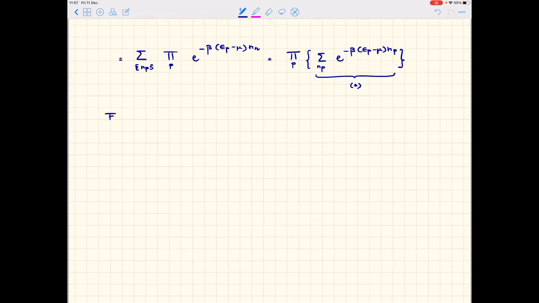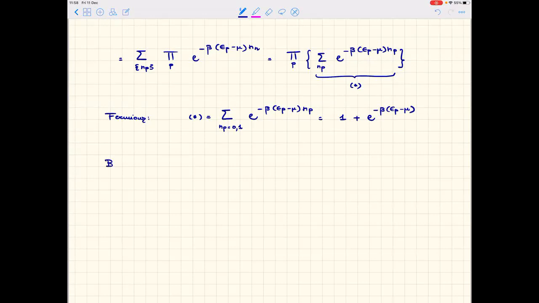Because if I have fermions, then this is equal to the sum over n_p equal to 0 or 1 of e to the minus beta (epsilon_p minus mu) n_p, and this is equal to 1 plus e to the minus beta (epsilon_p minus mu). This is for fermions.